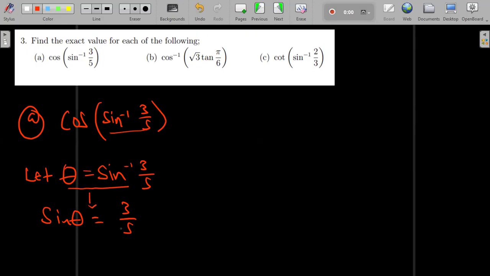So from this, we're going to draw a right angle triangle, and then check the side that have been represented here. Remember, we said whatever is inside here is equal to theta, right? So it means here I can write cos theta, where this theta is representing whatever I have here. So what is cos theta?